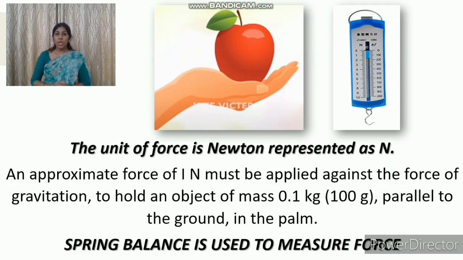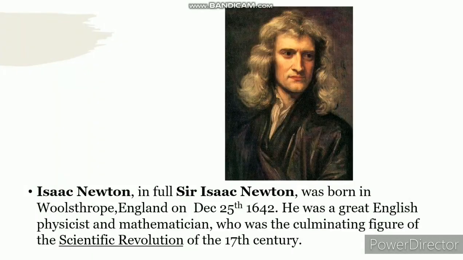Now we are moving on to the details of Sir Isaac Newton. Isaac Newton, in full Sir Isaac Newton, was born in Woolsthorpe, England on December 25, 1642. He was a great English physicist and mathematician who was the culminating figure of the scientific revolution of the 17th century.